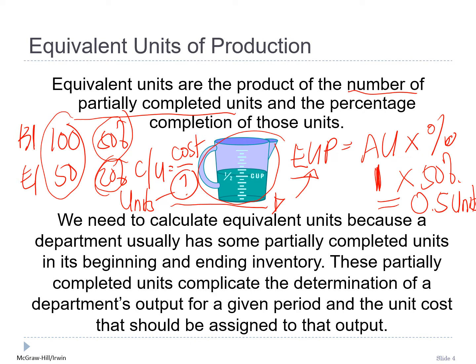Kaya ang question, ano nga ba yung percentage of completion? So, that is the estimate percentage of efforts or costs incurred for that particular product or department in a particular period of time. So, imaginein mo na lang to apply. Halimbawa, meron kang two steps.